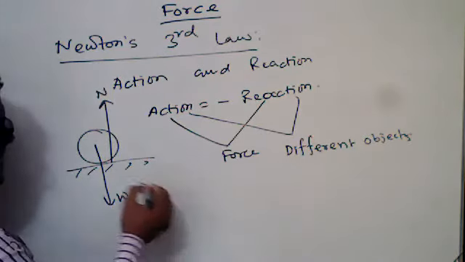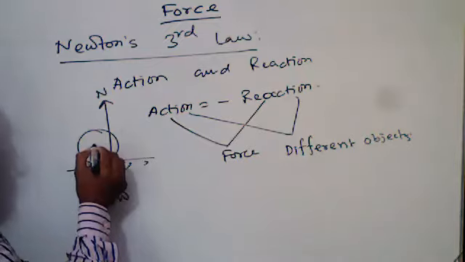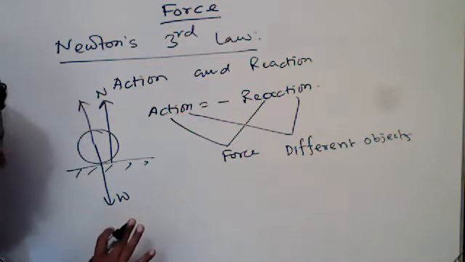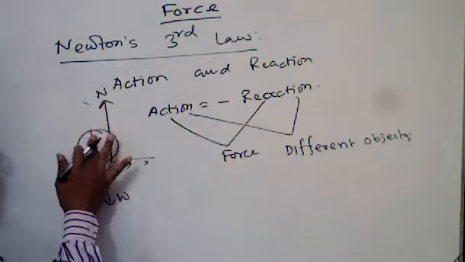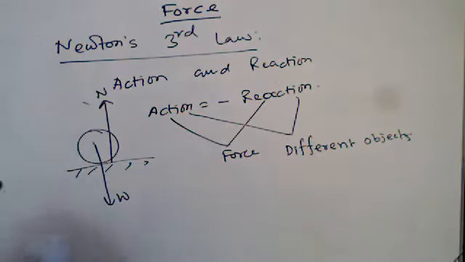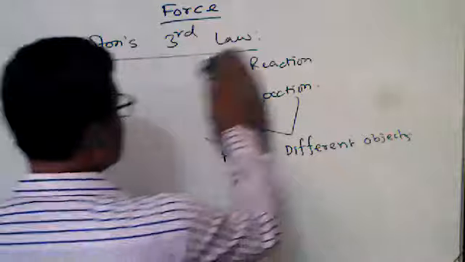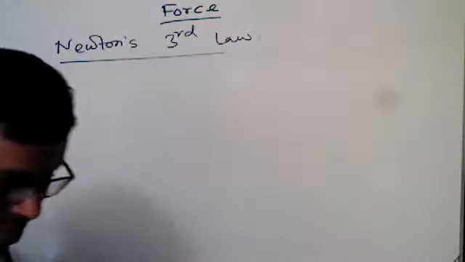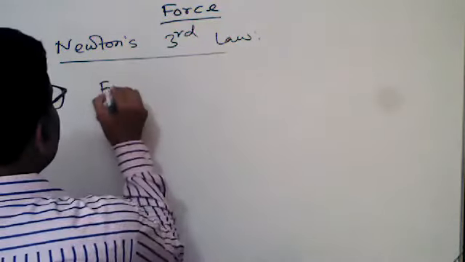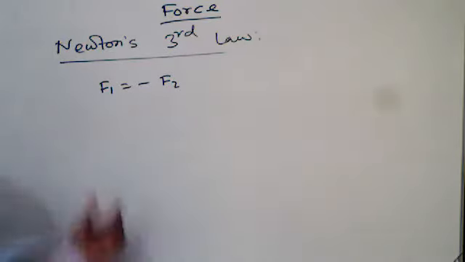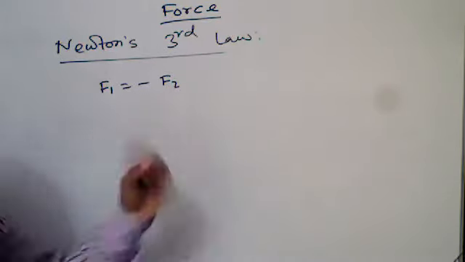Sometimes, you know, sir, weight and normal reaction are the same way. Sometimes, but it's not always. Action and reaction are opposite to each other. So, according to Newton's third law, F1 equals minus F2. F1 is the action force, F2 is the reaction force.